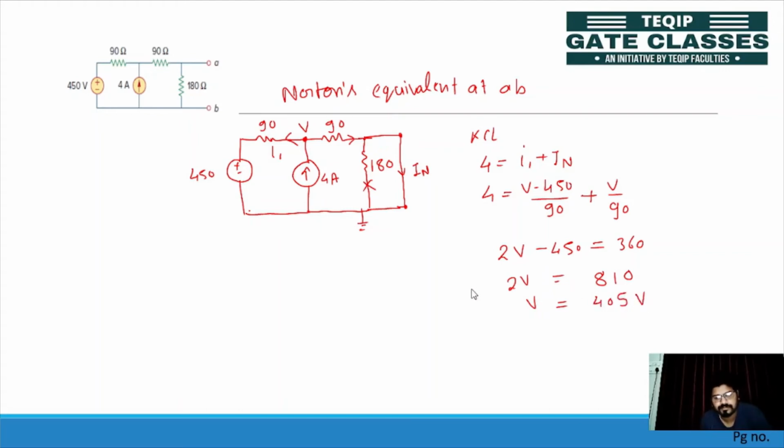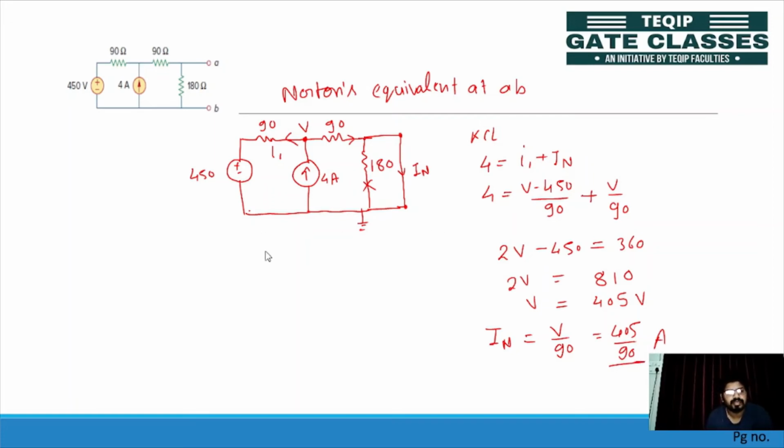Okay, so this is your V, but you have to find IN. So what will be your IN? It is V by 90. Okay, 405 by 90 ampere. So this is your IN.